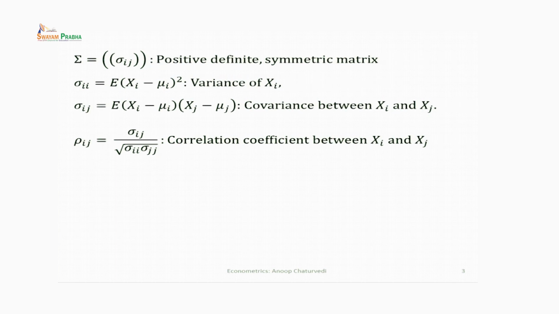This capital sigma is a positive definite symmetric matrix. It is of course symmetric because the covariance between xi and xj is the same as the covariance between xj and xi. So, sigma ij is equal to sigma ji.